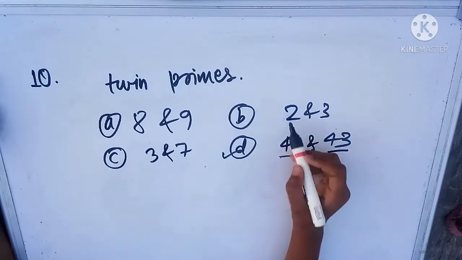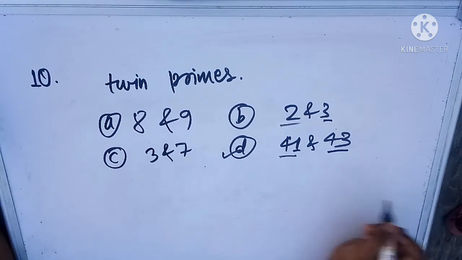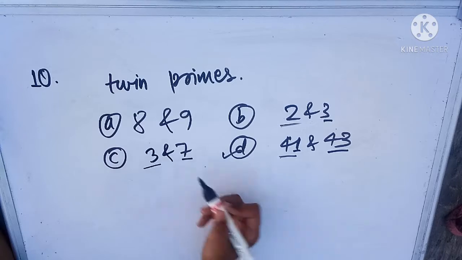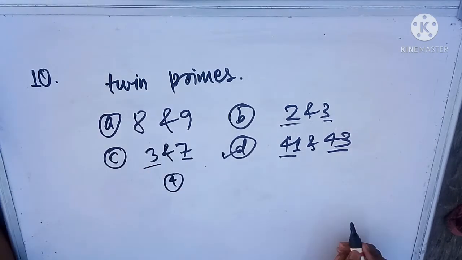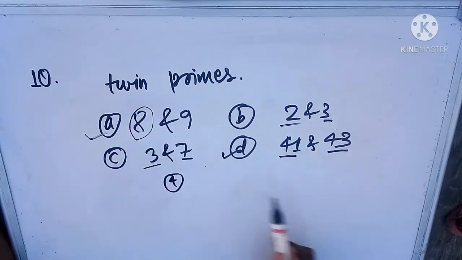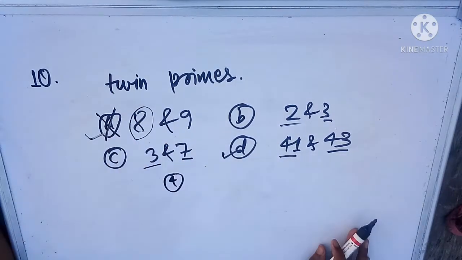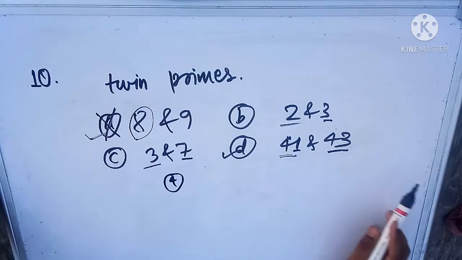Here 2 and 3 are both prime numbers, but the difference is 1, so it cannot be a twin prime pair. Here 3 and 7 are both prime numbers, but the difference is 4, so this also cannot be twin primes. In option A, 8 and 9, 8 is not a prime number, so we can cancel this right away. Thus the answer of this question will be 41 and 43.